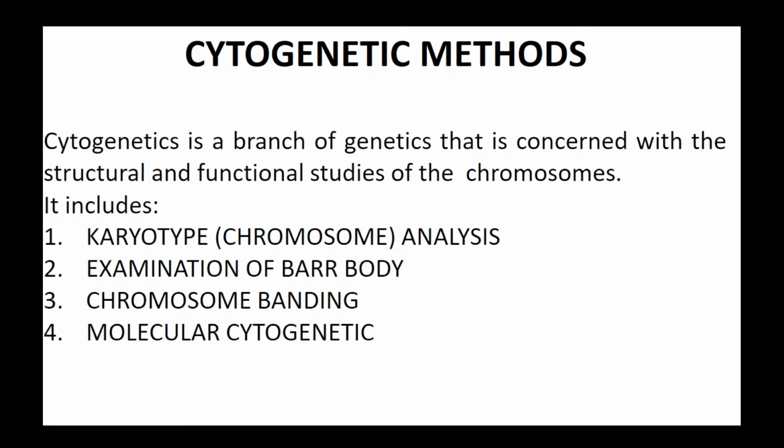Cytogenetic methods are a group of methods which are based on studying of chromosomes. This includes karyotype analysis, examination of the Barr body, chromosome banding, and molecular cytogenetics.